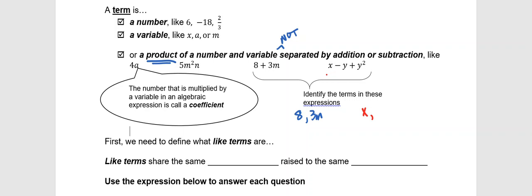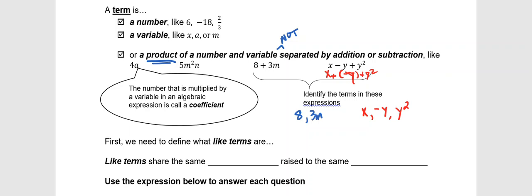If I thought about keep change opposite, I could think of this as x plus negative y plus y squared. So if I view it that way, then negative y is another term, and then y squared is my final term. So that's really important for us to know that the terms are the individual building blocks that make up an expression, and those building blocks are made up of smaller pieces that are numbers and variables.